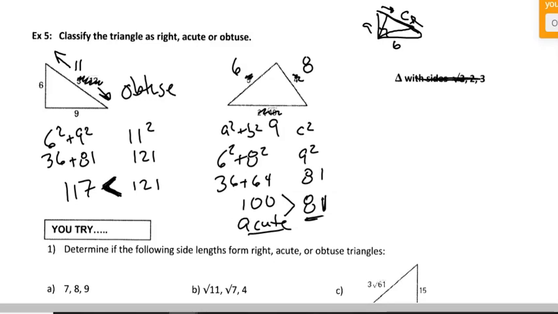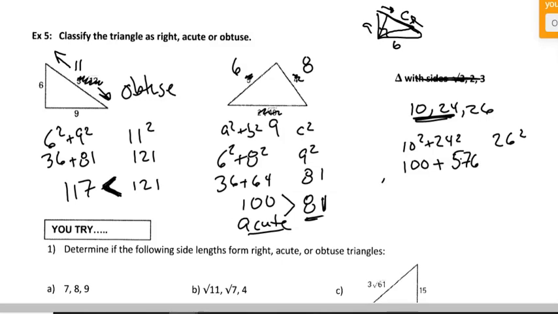Let's say that we had, I'm going to give you an easier one. Let's say you had 10, 24, 26. Those are your a and b because they're not the longest side. So let's see how 10 squared plus 24 squared compares to 26 squared. It's 100 plus 24 squared. 24 times 24 gives me 576.